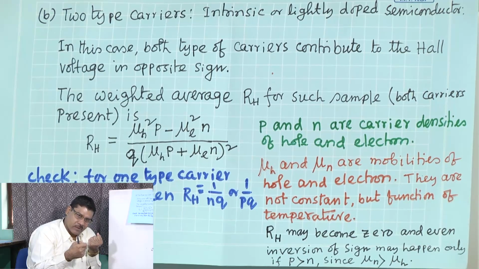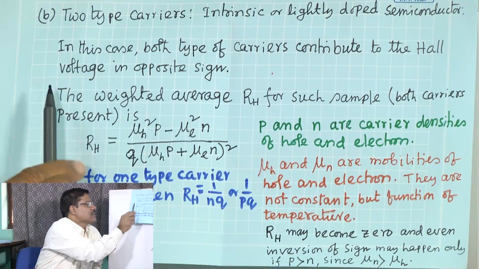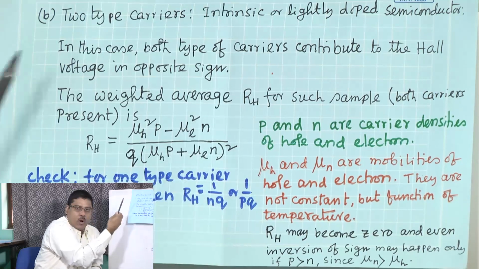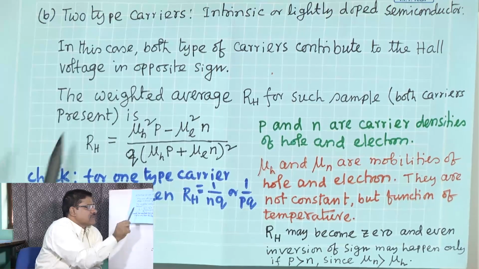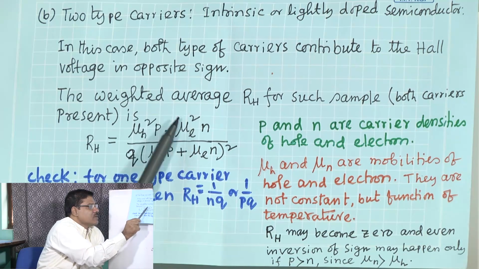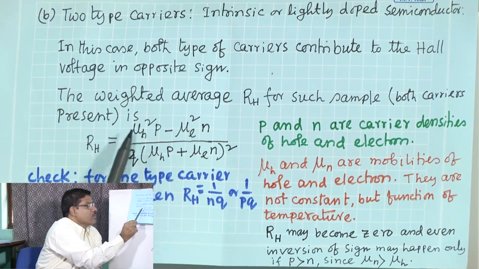Considering this weightage, so taking the weighted average from Hall voltage, you know the Hall coefficient for such a sample can be written as RH equal to (mu_h squared P minus mu_e squared N) divided by Q (mu_h P plus mu_e N) whole squared. Mu is the mobility, P is the hole concentration, N is the electron concentration, Q is the charge.